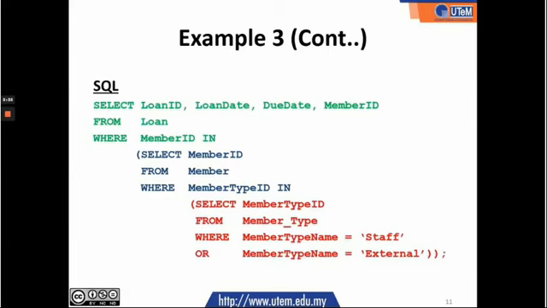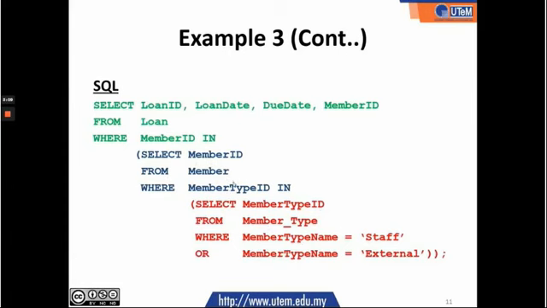Next, we need to know the function of this statement. This statement is the outer query that receives input from this inner query. This outer query will get the member ID from the member table with member type ID 1 and member type ID 3.